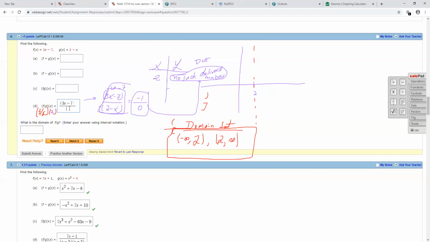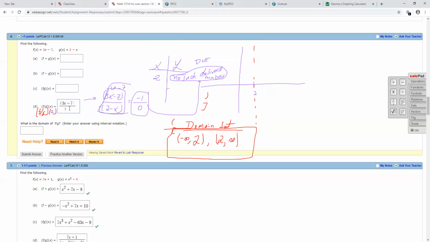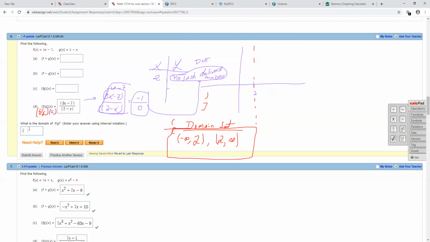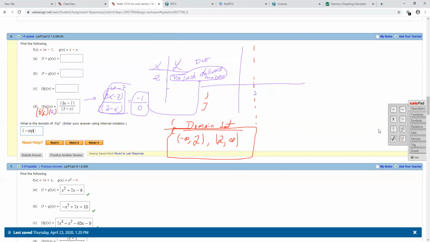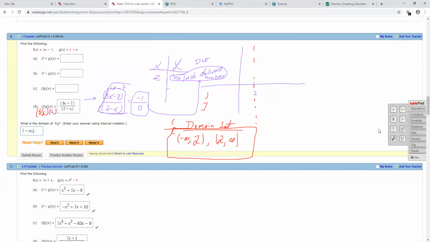But if we want to, we can, or not. Or put it on one of them and not the other one. It's okay too. And oh, and now this one. It was negative infinity to 2, and 2 to infinity.